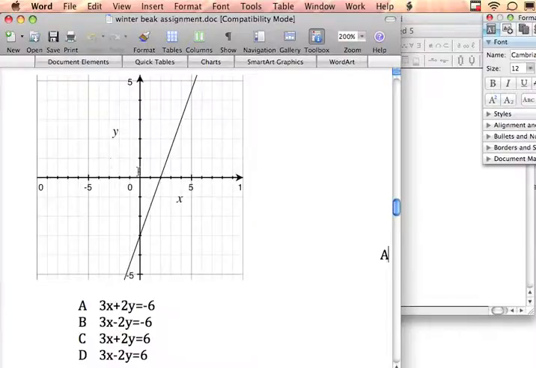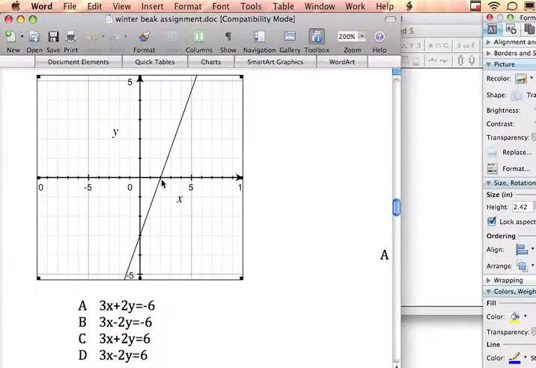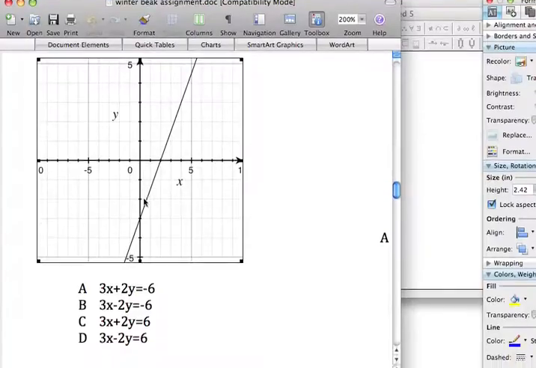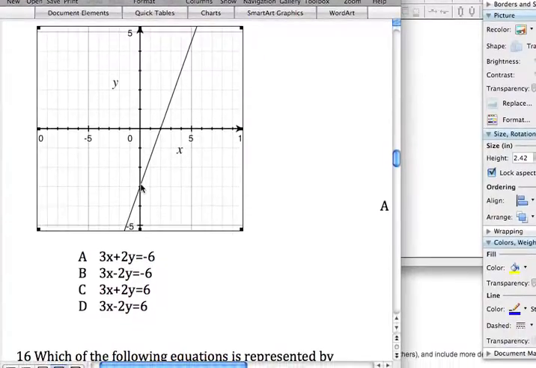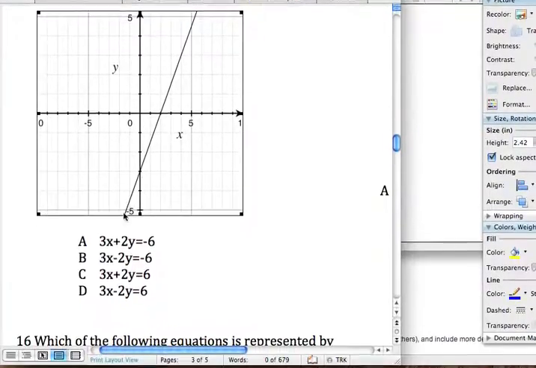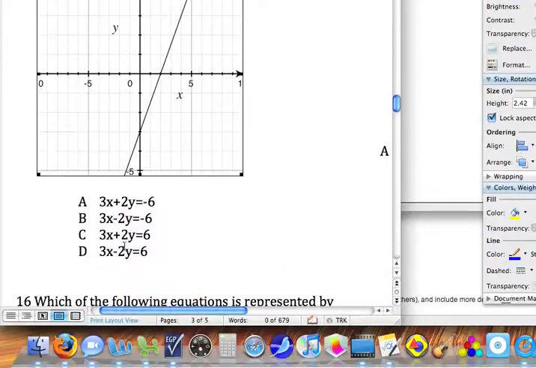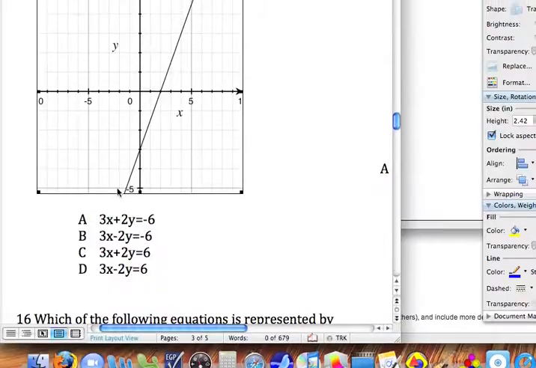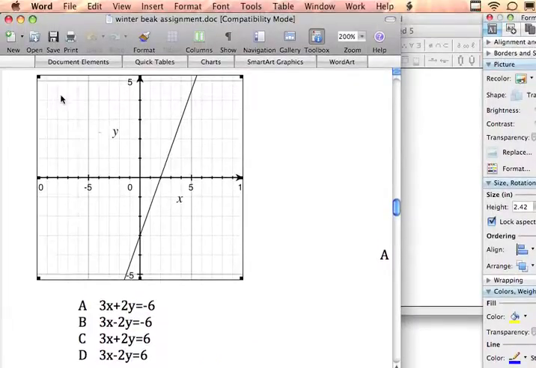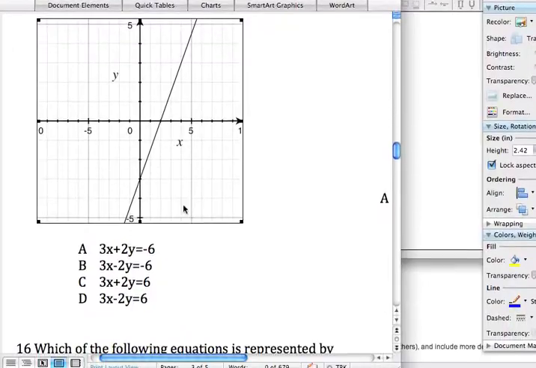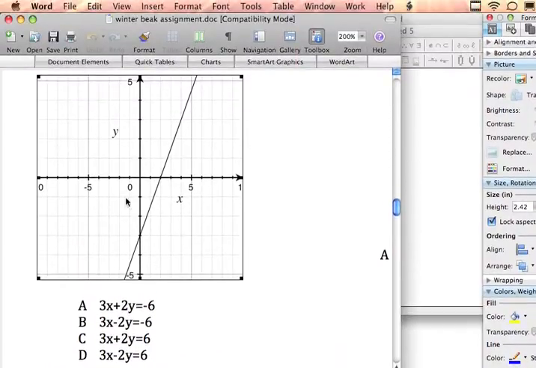Now, what equation do I want to pick? Well, I could pick an intercept. That's an easy way to do things. But keep in mind that in these four equations, they all look like they have the same intercepts at different positive and negative points. I mean, they're the same numbers, just I've got positive and negative signs running all over the place. So I could easily have a line that goes in this direction and passes through the intercept.